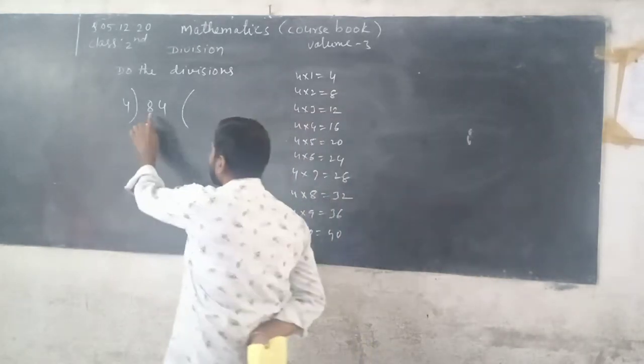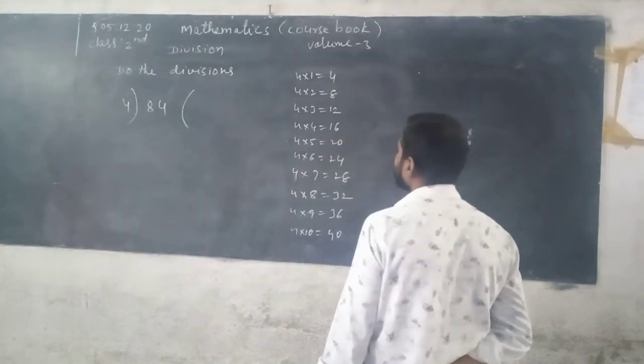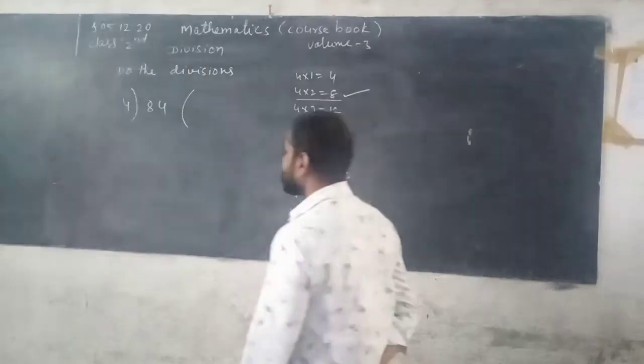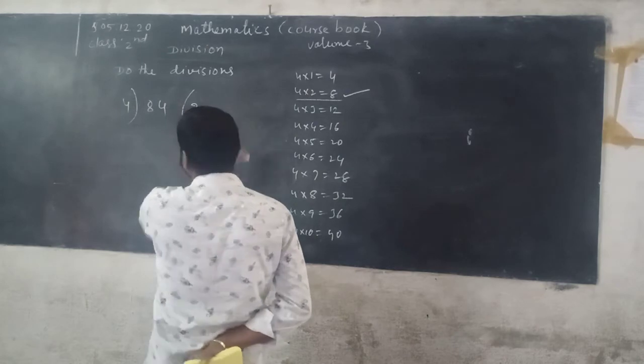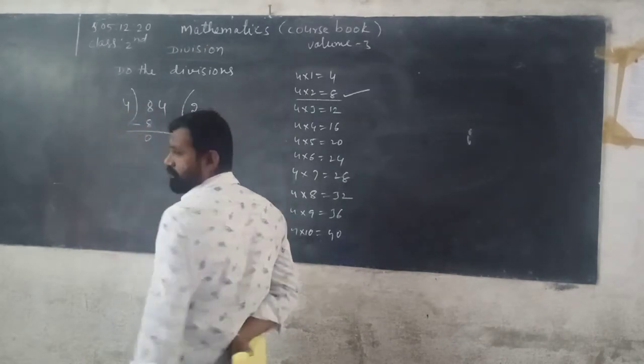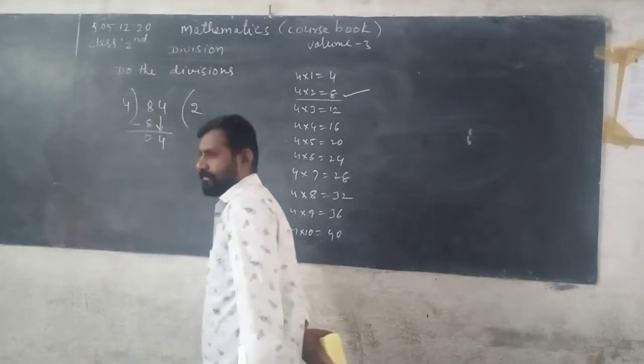So 8 is more than 4. So where is it possible? See, 4 2s are 8. 4 2 write in the quotient. 4 2s are 8. 8 minus 8, 0. Now bring down 4 to the remainder.